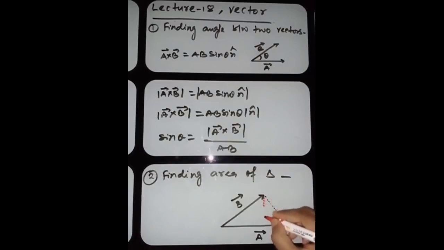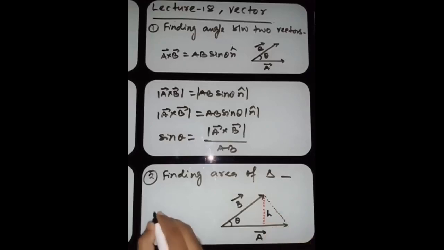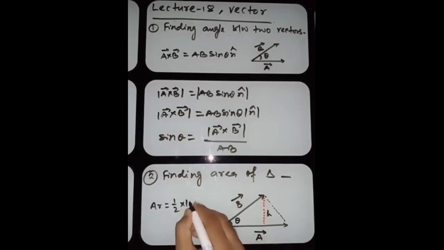If this is the perpendicular, that is the height, with the two vectors A and B and theta between them, then the area of the triangle is half into base into height. The base is the magnitude of A, and the height is h. So the area is half into A into h.